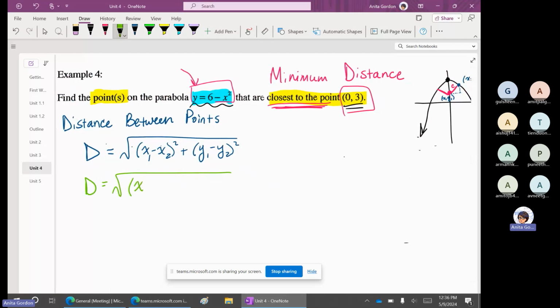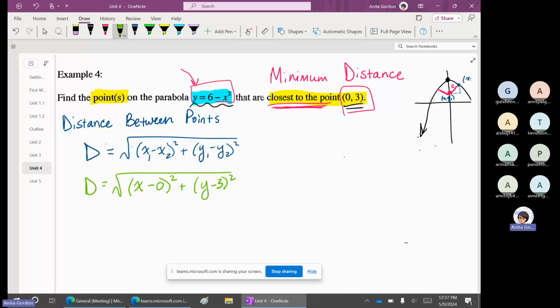So let's say x minus 0 squared plus y minus 3 squared. However, when we do derivatives, we want to have single variables in our equation.